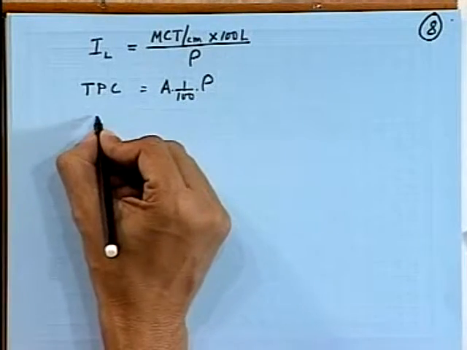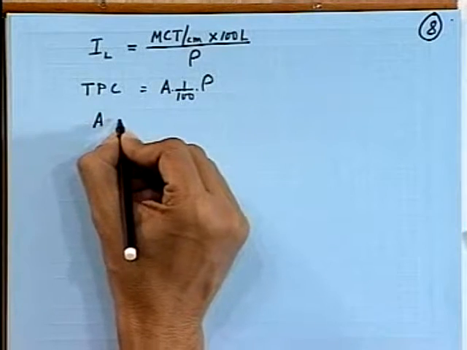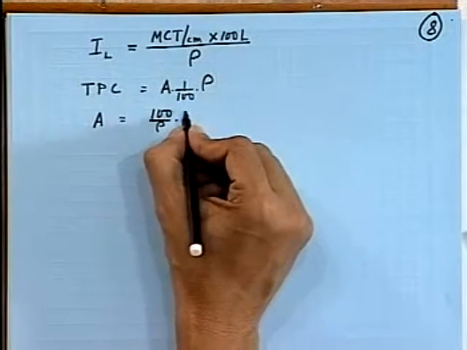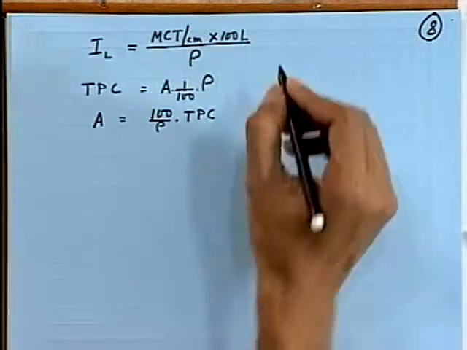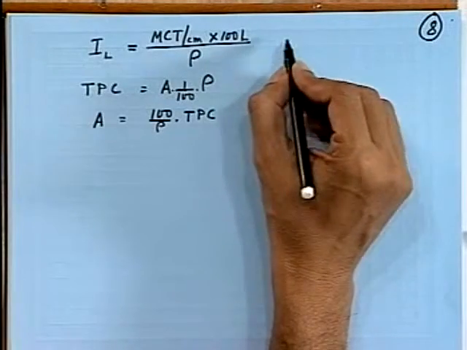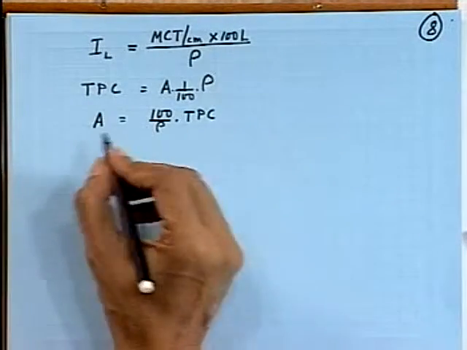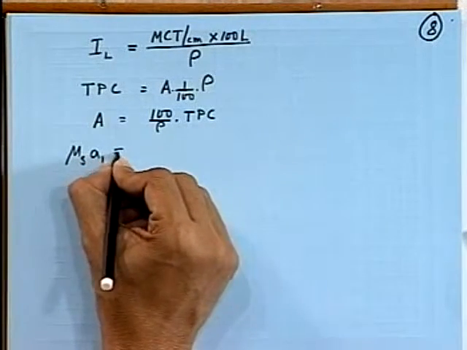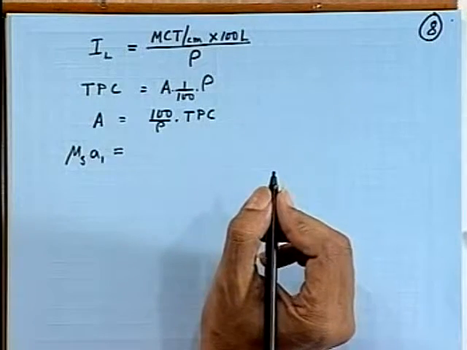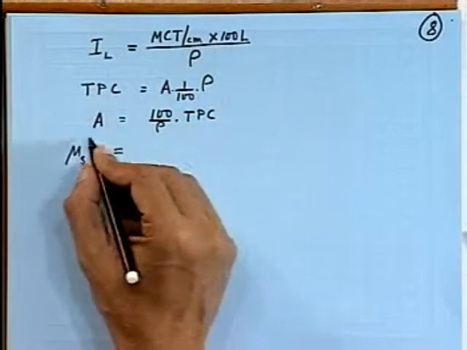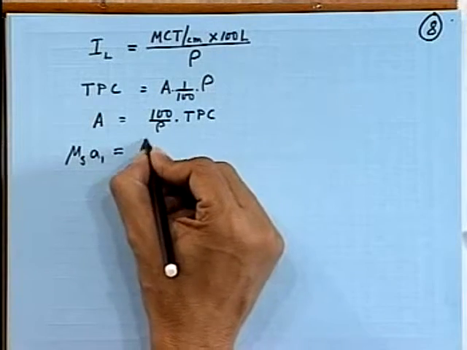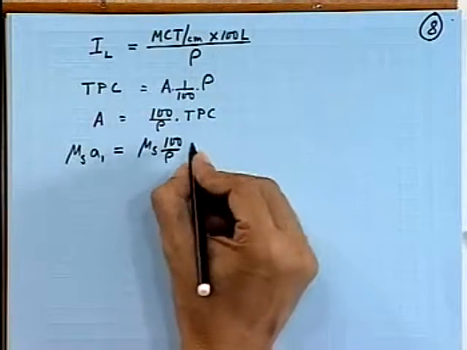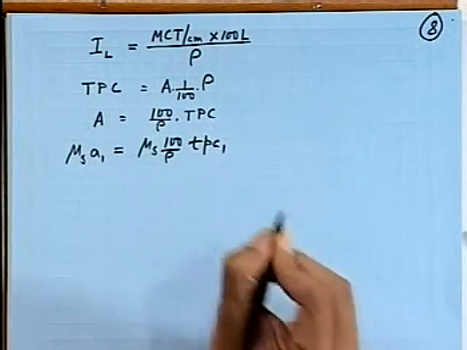So from this we will calculate A equal to 100 divided by rho multiplied by TPC. These two formulas one should remember. Now you calculate this mu s multiplied by A1. So from the above formula, any area, you simply multiply it by mu s 100 divided by rho. The small a1 you write as TPC1.